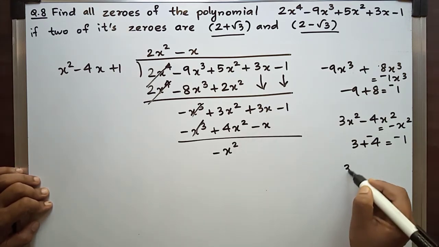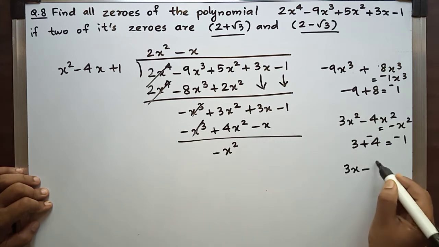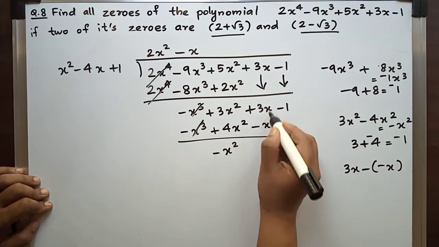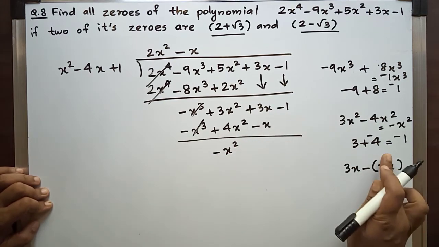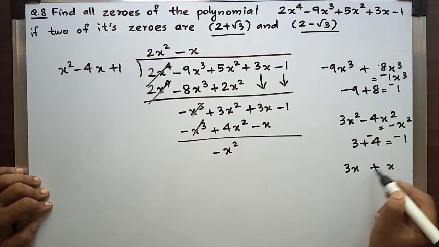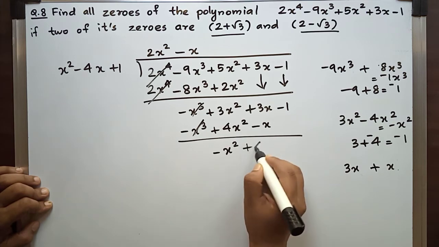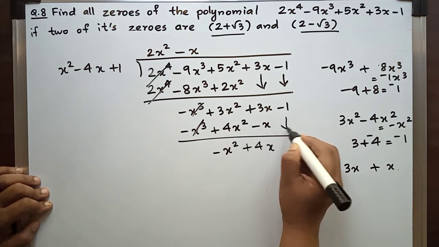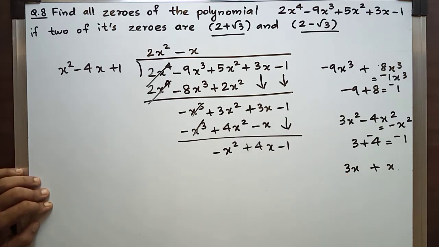3x minus x: that is actually minus the negative. Two negatives coming together is positive. 3x plus x, it is plus 4x. Then the last term, minus 1.